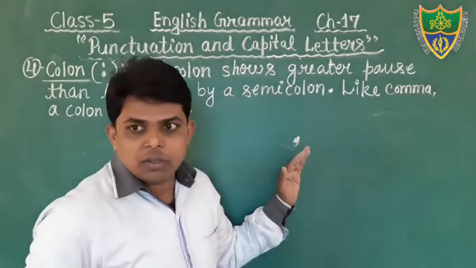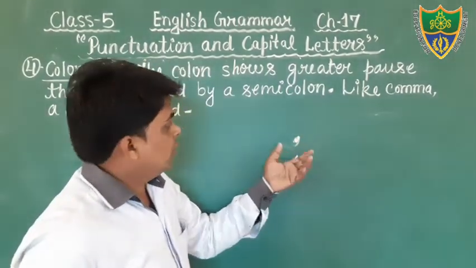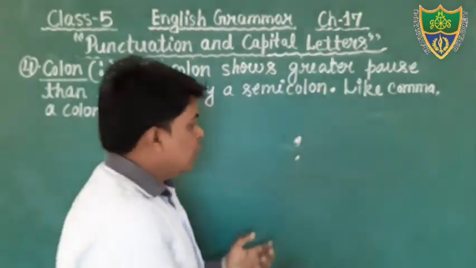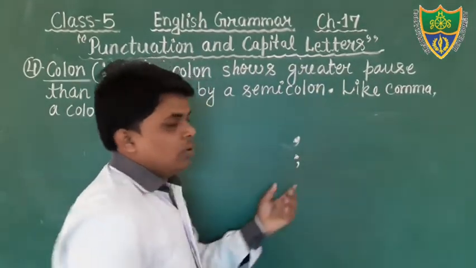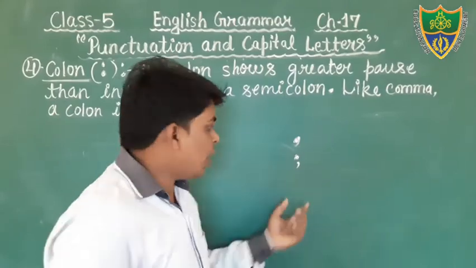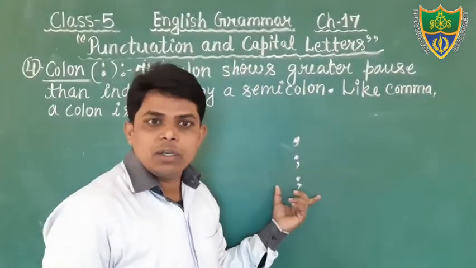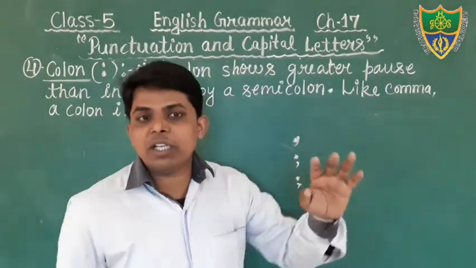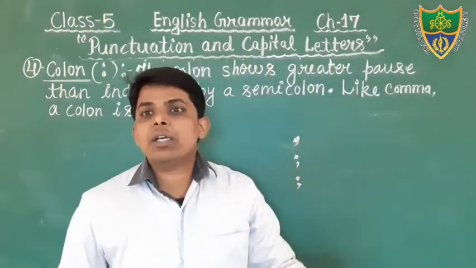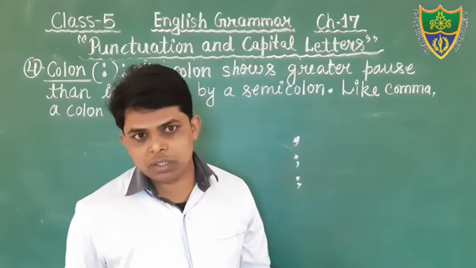If we are taking a greater pause, then we will use semicolon. And if we are taking some more pause, then we will use colon. And after that, you all know the full stop is the greatest, longest pause.